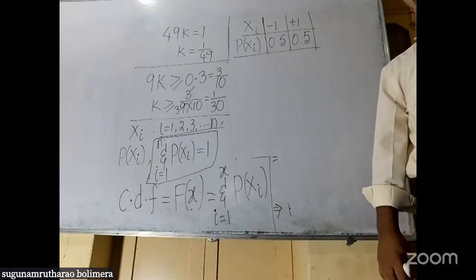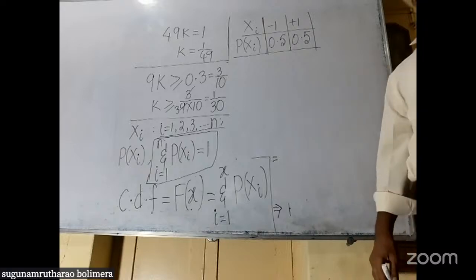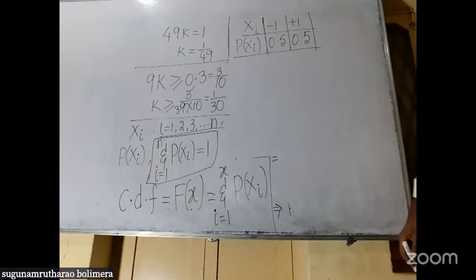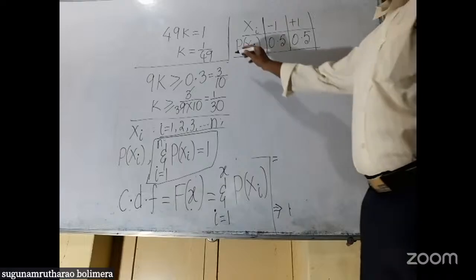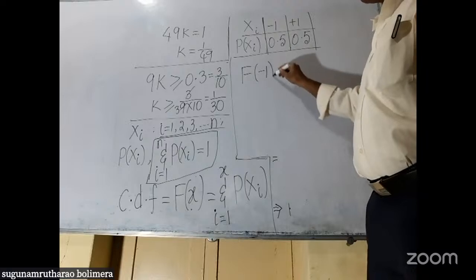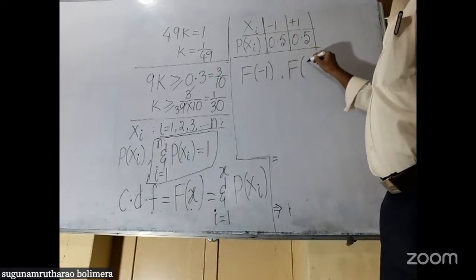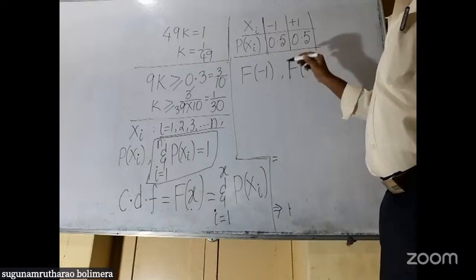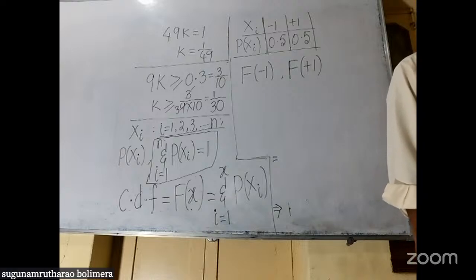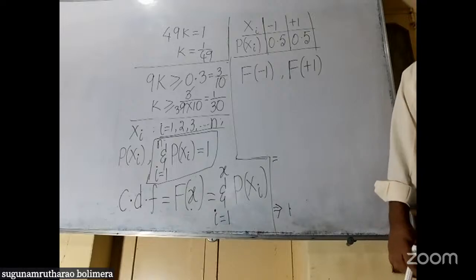Then find the cumulative distribution functions, capital F of minus 1 comma capital F of plus 1.